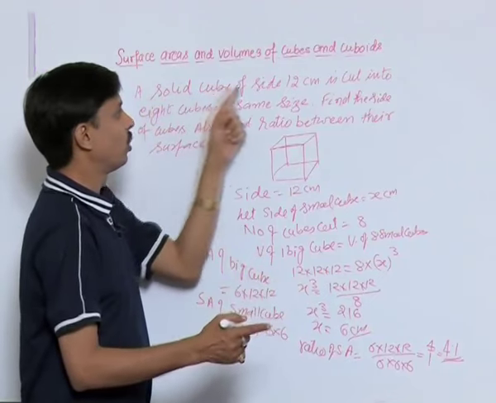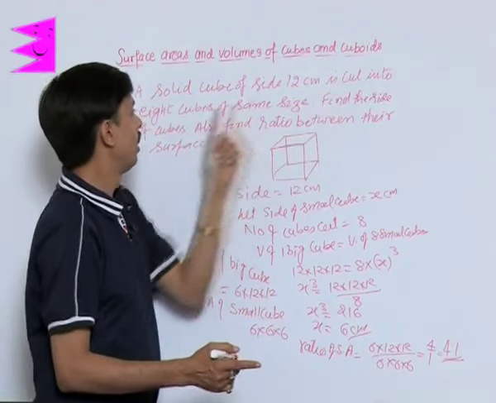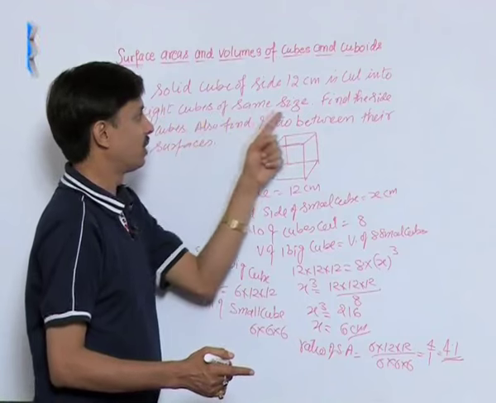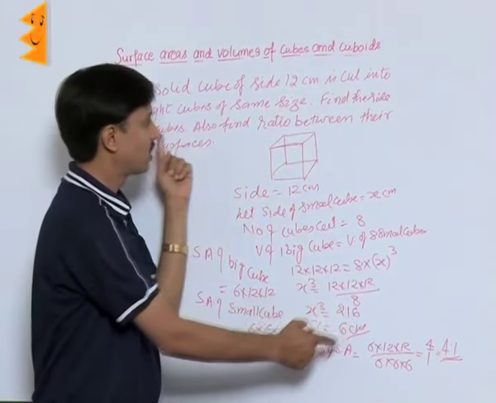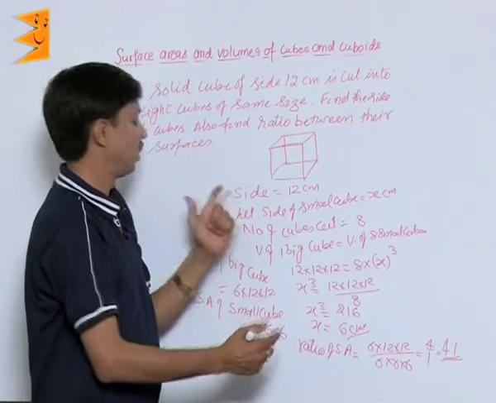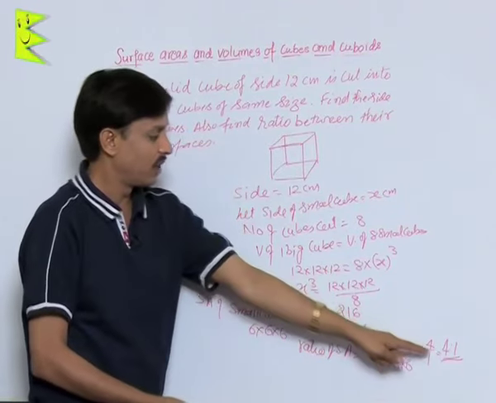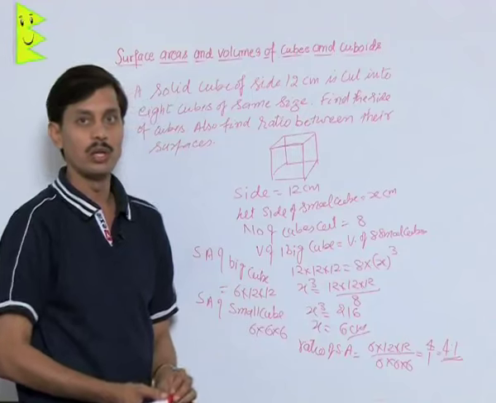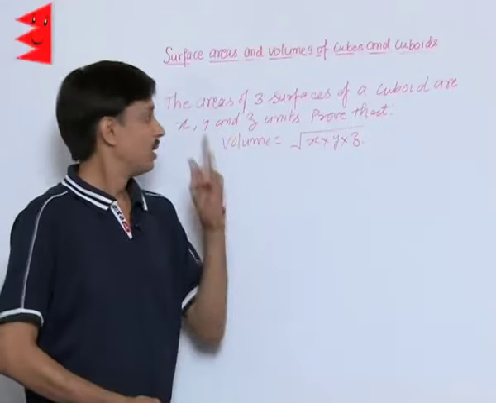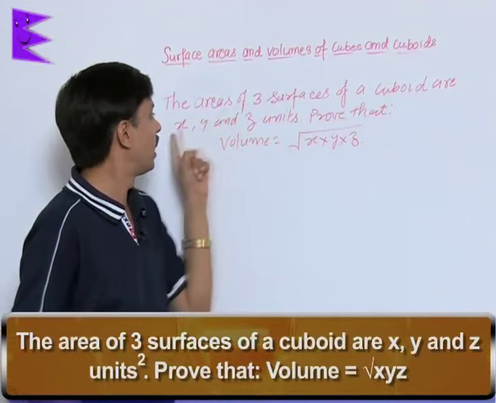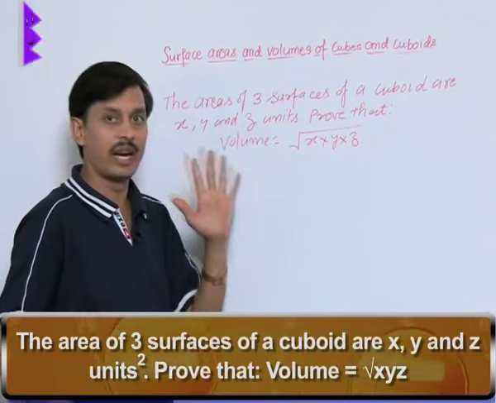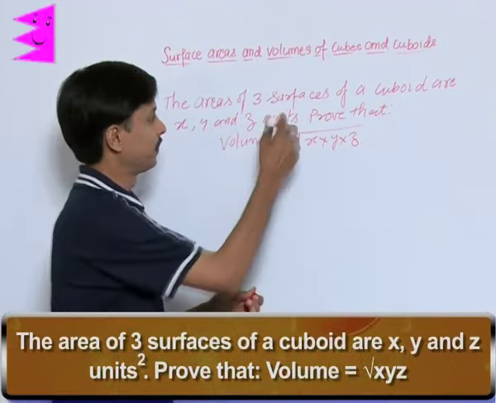Hence, a solid cube of side 12 centimeter, when cut into 8 small cubes of the same size, has side 6 for each small cube, and the ratio between their surface areas is 4:1. The areas of three surfaces of a cuboid are x, y and z square units.